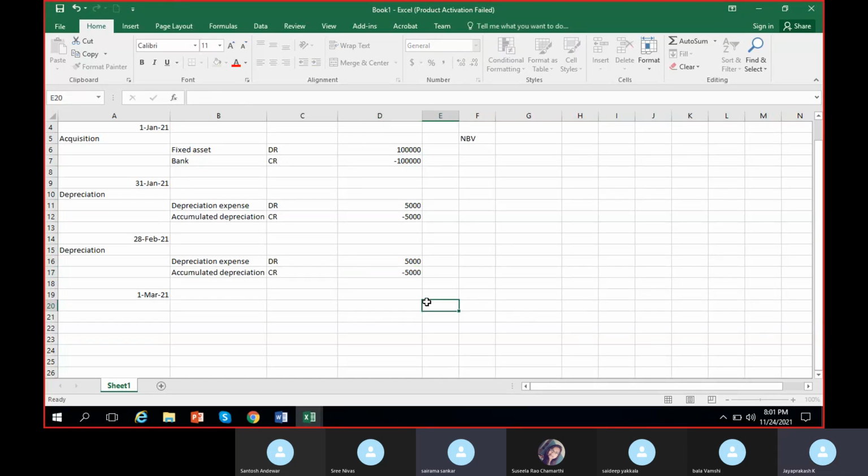My net book value will be 90,000, as Sairam and Sushila said, because I bought the asset at 1 lakh, but I have depreciated it for 5,000 and 5,000 for 2 months. So the net book value of the asset will be 90,000 at the end of February. Clear for everyone until here, all the steps?